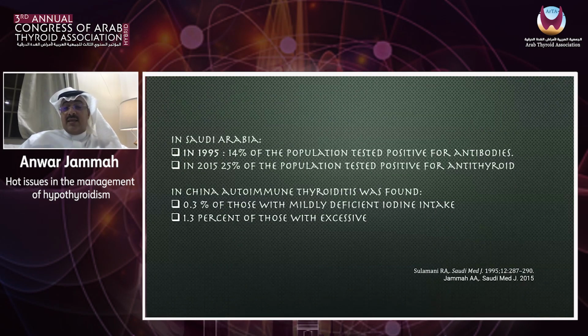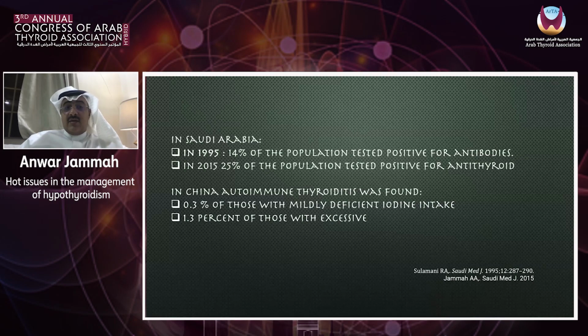And you can see here in Saudi Arabia that we have two studies, one done by Prof. Soleimani, he's the father of endocrinology in Saudi Arabia, and one done by myself and my team. One was done in 1995 and showed that 14% of the population have positive antibodies.